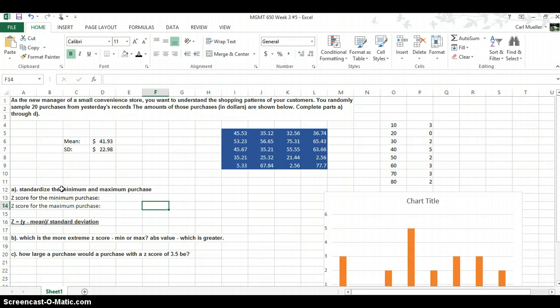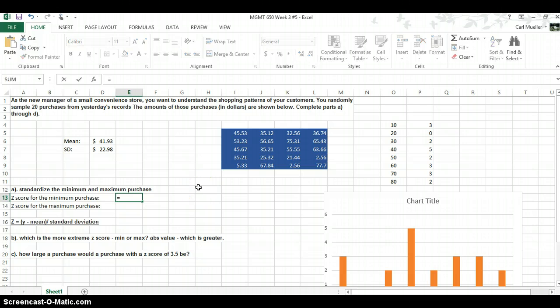So the first question is to standardize the minimum and maximum purchases. You want to find the z-score for your minimum and maximum. Remember, z is your y minus your y bar, or mean, divided by the standard deviation. So you want to figure out your minimum purchase. Just from eyeballing, it's $2.56.